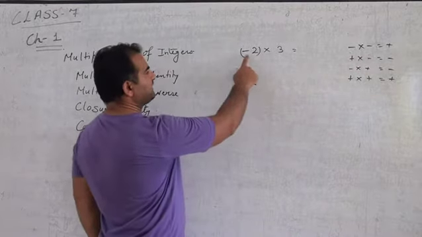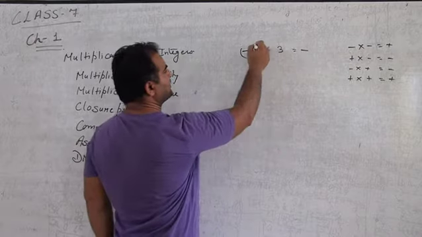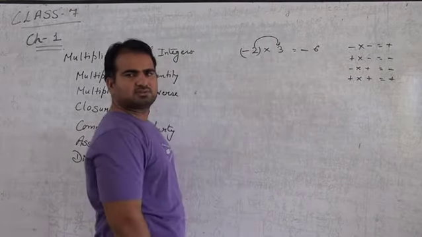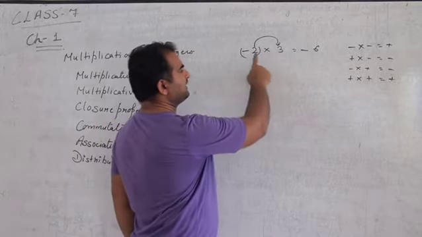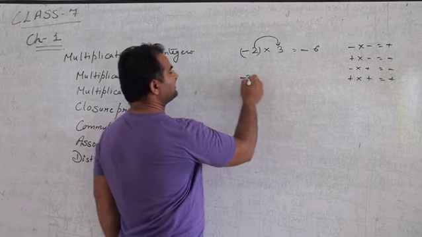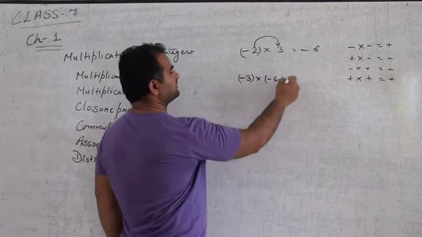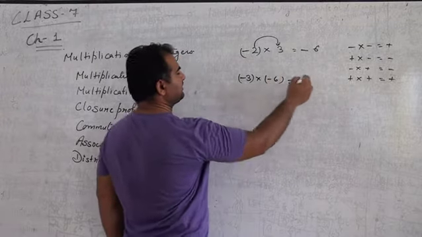What is minus into plus? It will be minus. And what is 2 into 3? It is 6. What we have to do is first multiply the signs and then the digits. What is minus 3 into minus 6? First multiply minus into minus. It will be positive. What is 6 into 3?